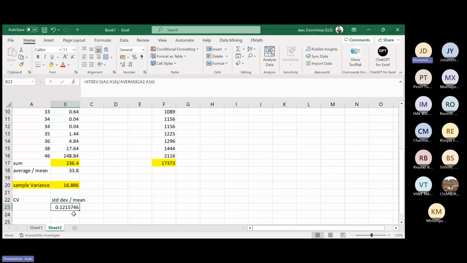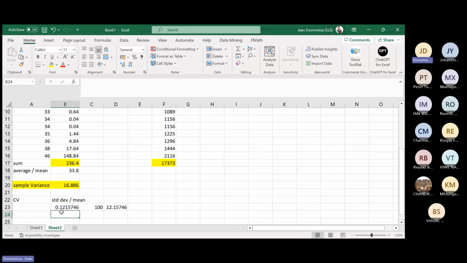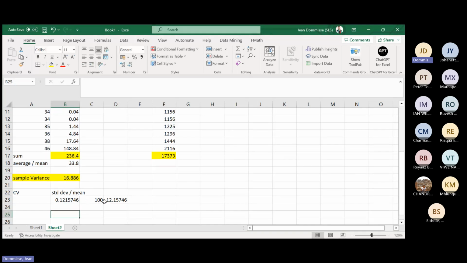I think we still then need to multiply it by 100, because that is how the formula looks. Let's see, I don't think there is a coefficient of variation formula in Excel. No, okay, so there isn't.